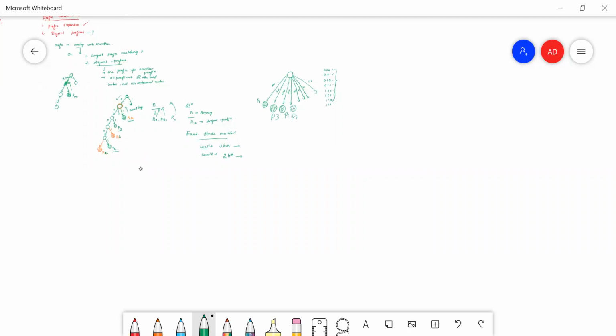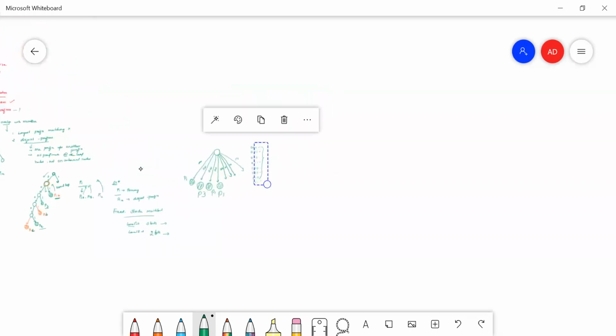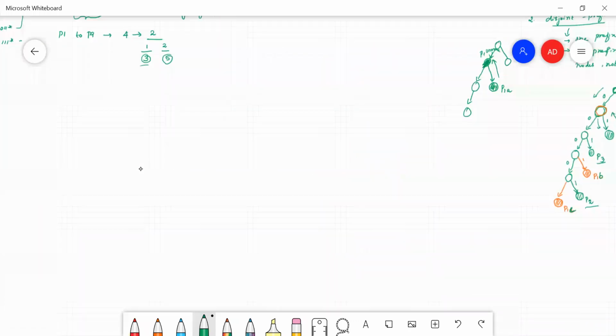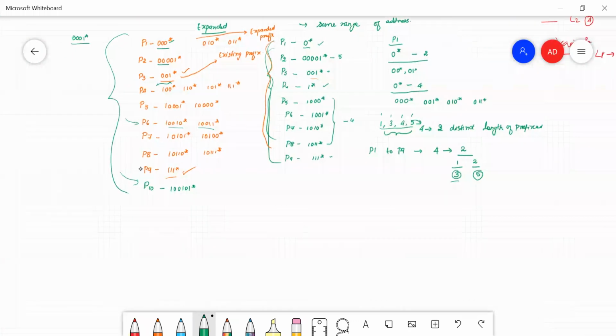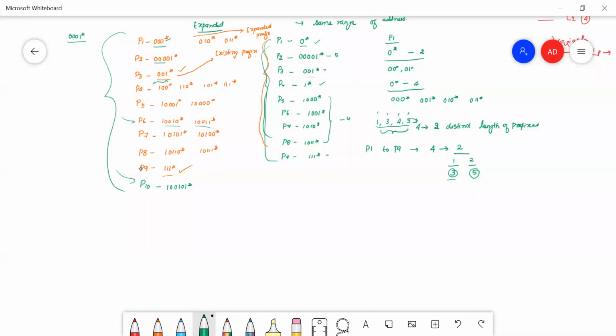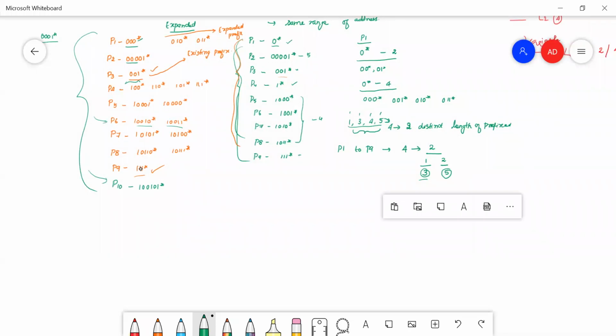And the next one is 100. So 100 is prefix P4. You can also see in prefix P4 that 111 is getting repeated.